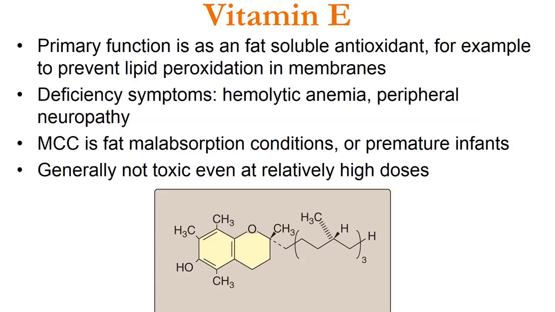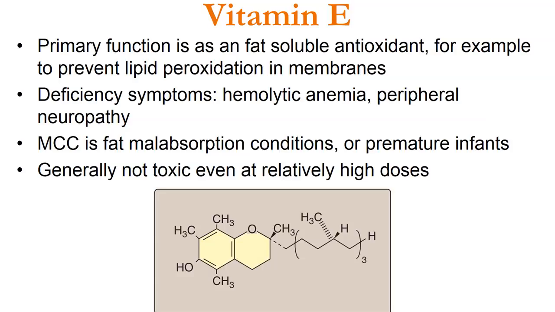So therefore, if you have a deficiency of it, what it is going to affect is membranes, and that will cause a hemolytic anemia. Vitamin E is very important in the membranes of mature red blood cells. It's their antioxidant that's present in the membranes.